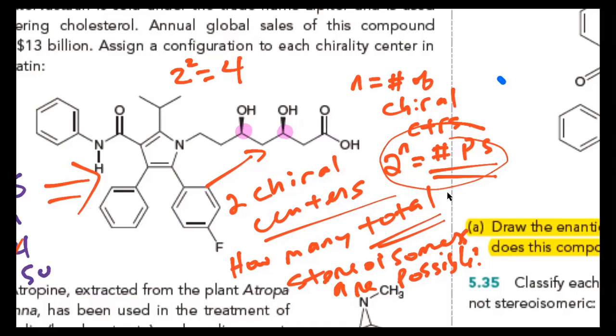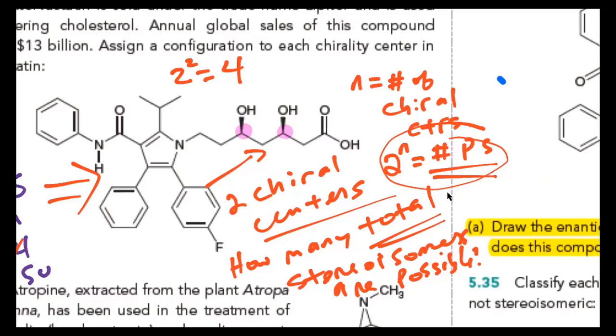But that's not what I'm looking for. Wouldn't this have a mirror image? Yes. The mirror image of this is another stereoisomer, right? What is it called if it's the mirror image and it's not superimposable?